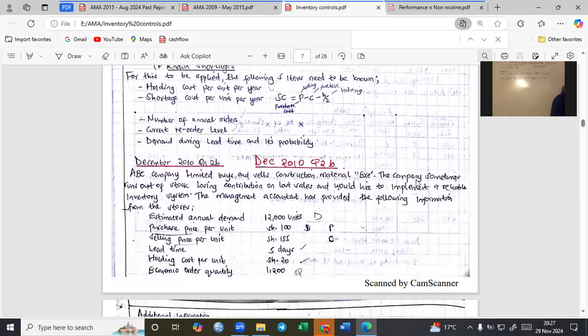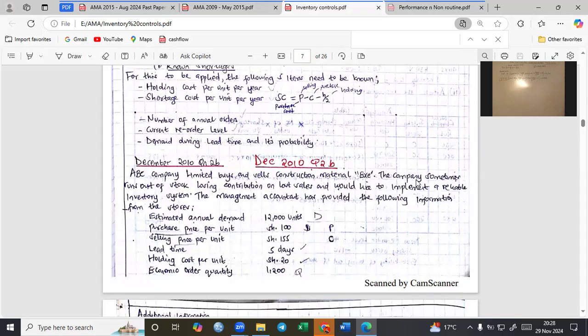P is the selling price per unit. C is the purchase cost per unit. Then H/2 is the holding cost.